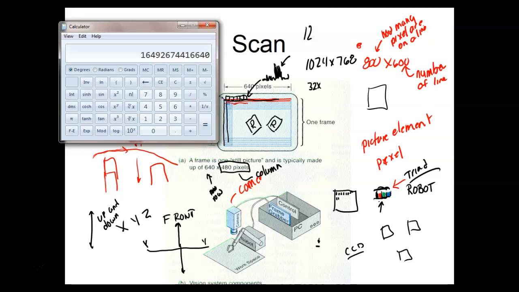So you can see that's a lot of memory. Did I do that right? 2 raised to the 32nd, which would be 32-bit color. Then we multiply that by the total number of pixels, which would be 640 times 480, which would be that big number. That's not right.